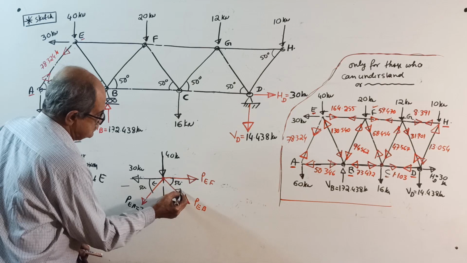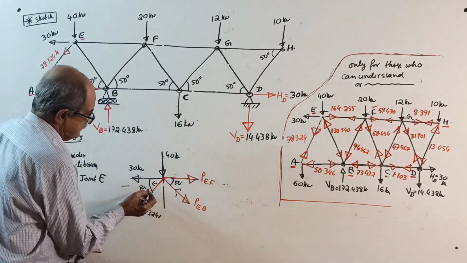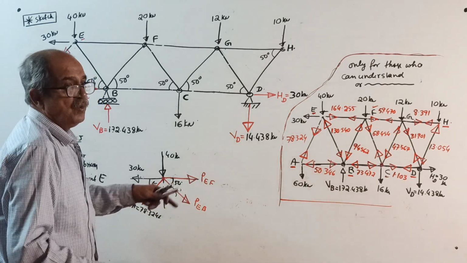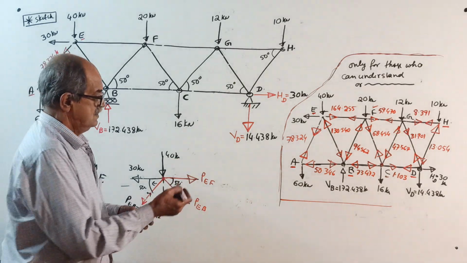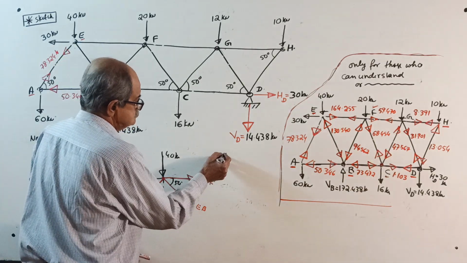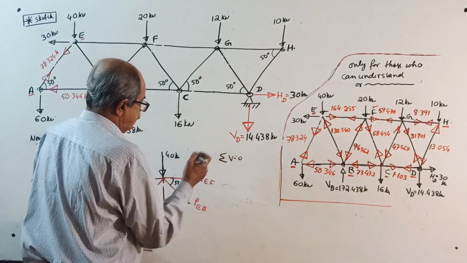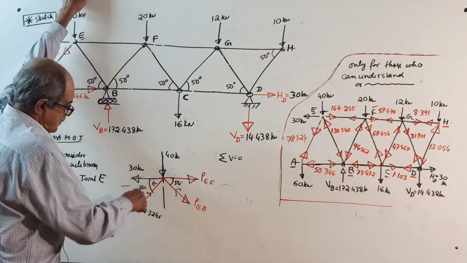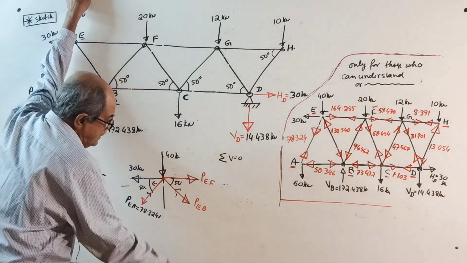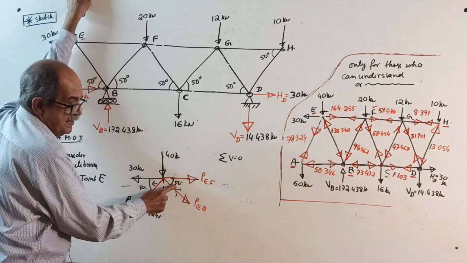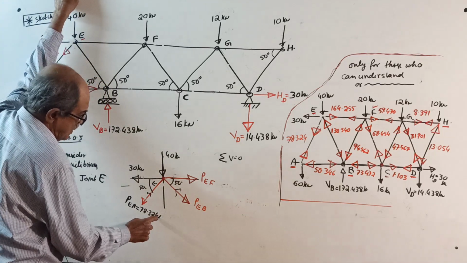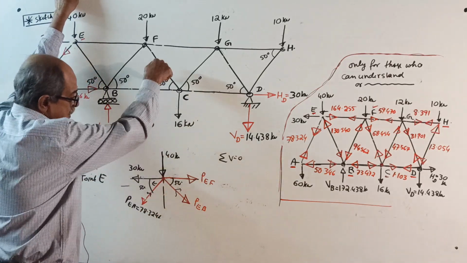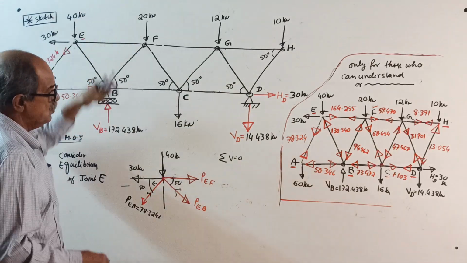So you decide the cosine. Once again, one horizontal, one vertical, one inclined. So first sigma V equal to 0, upward positive. Minus PEB sin 50, minus 78.324 sin 50, minus 40 equal to 0.